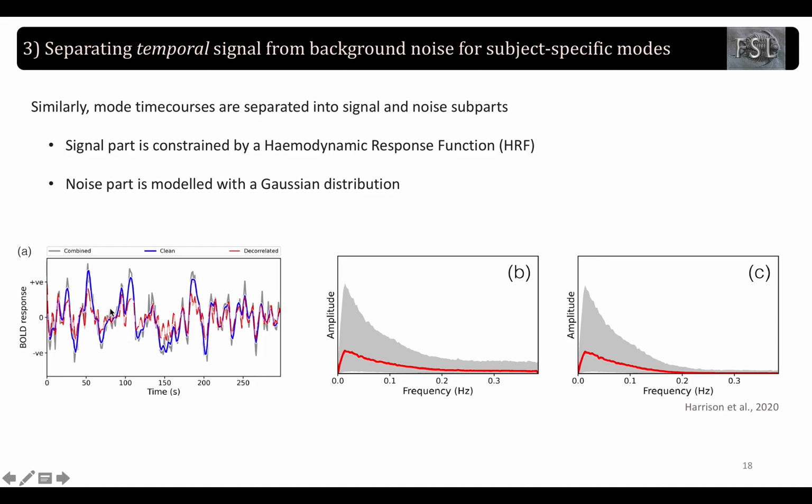When we separate signal from the background noise, these high frequency parts are gone, and as we had expected, we see mostly low frequency elements in the signal. The signal element in the time course modeling of the PFMs is constrained by a hemodynamic response function, which is what we expect from the fMRI data.